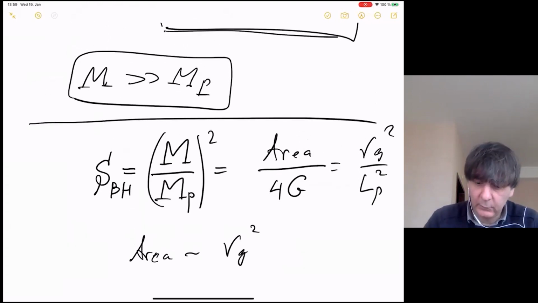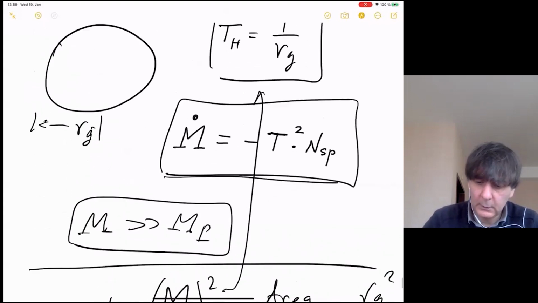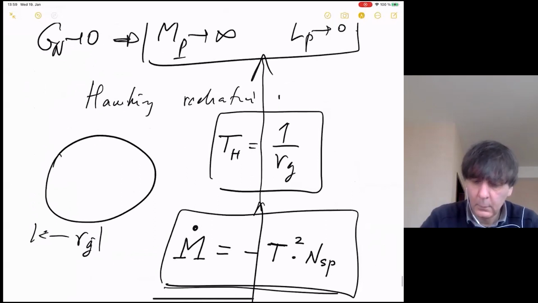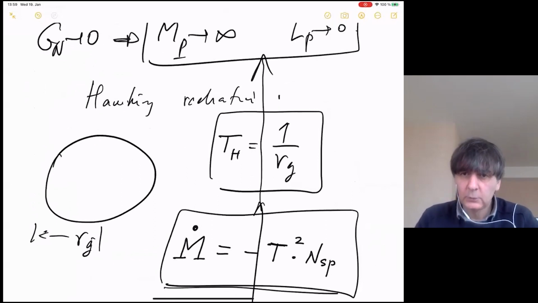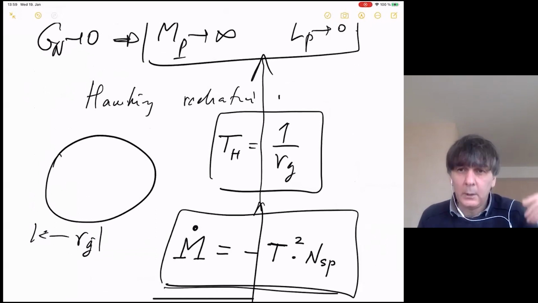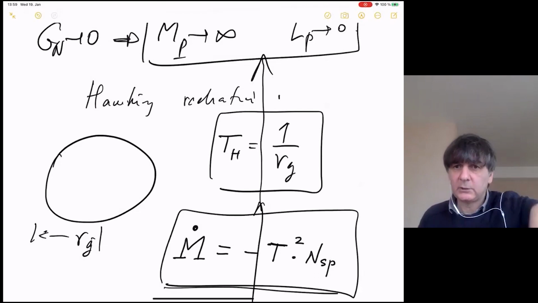however, notice the following thing, that in the semi-classical limit, entropy is infinite. So we cannot take a strict semi-classical limit of a black hole and keep entropy finite. Entropy is an intrinsically quantum notion because it's about degeneracy of microstates.